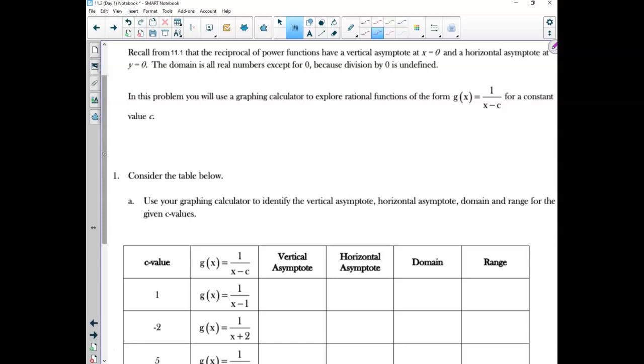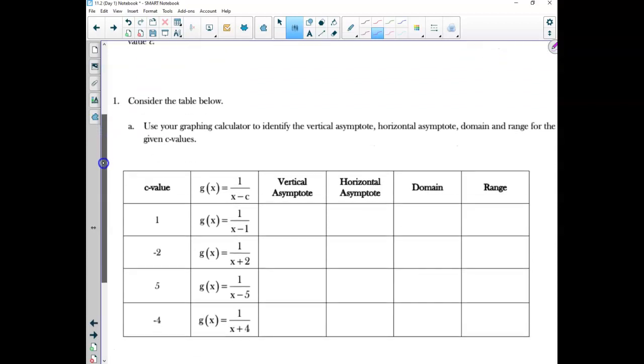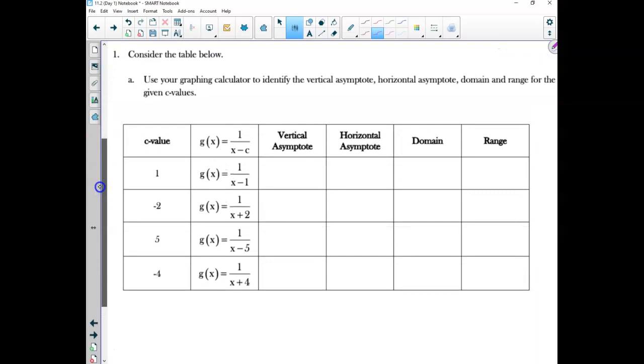So what we're going to do is look here, and you can type these into Desmos, or you can use a little bit of logic. So I'm thinking about vertical asymptotes. Vertical asymptotes are when my denominator equals 0. So whenever x minus 1 equals 0, or when x equals 1, that is going to be a vertical asymptote because that gives me an undefined value in the denominator, okay?